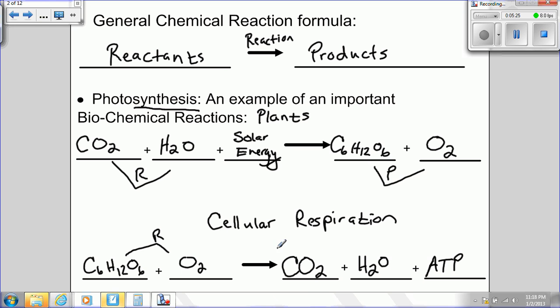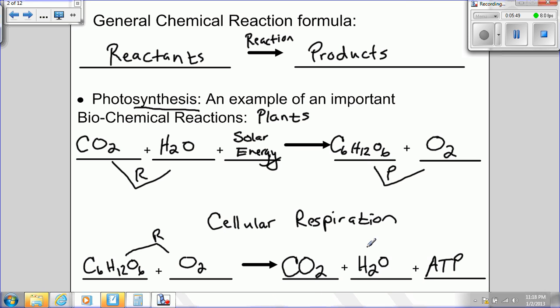So this is also, even though it does create ATP, more of a digestion reaction because you're breaking down glucose back into smaller components. Okay, and so this would be a synthesis reaction up here, photosynthesis, and cellular respiration is more of a digestion reaction that occurs in your cells.